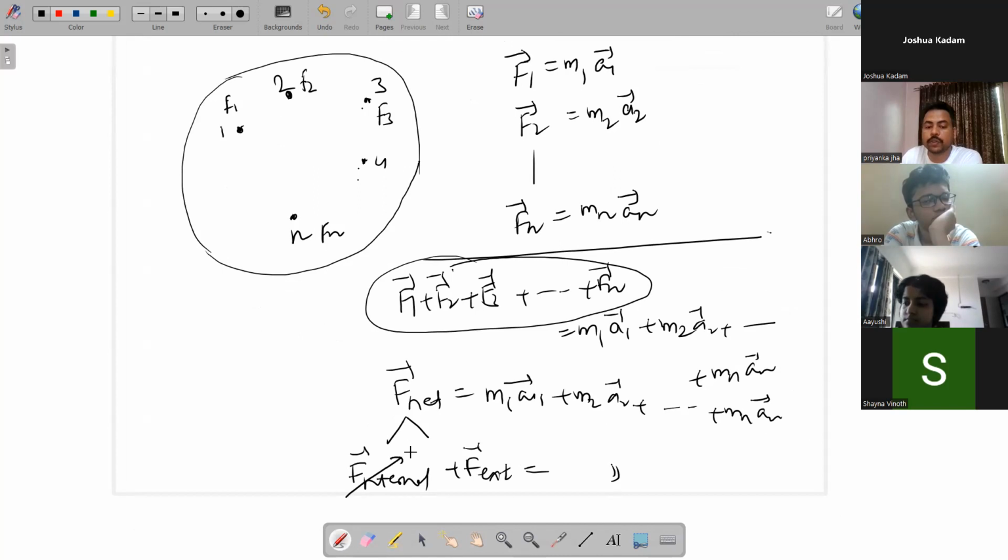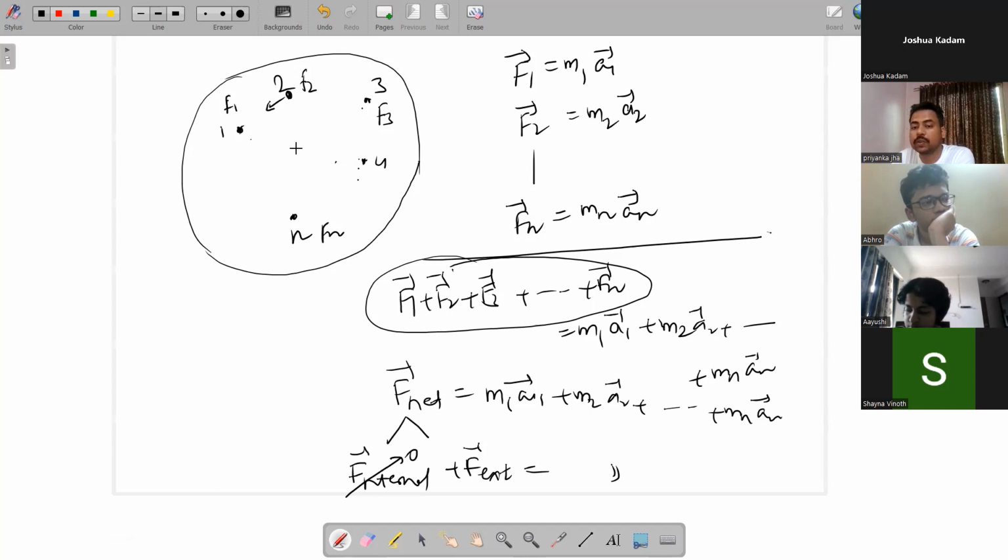See, internal force will be 0 because whatever force object 1 will apply on object 2, the same force, same in magnitude but opposite in direction, object 2 will also apply on object 1. Whatever force object 1 will apply on object 4, same force will be applied by object 4 on object 1. So it will be same in magnitude, but opposite in direction.